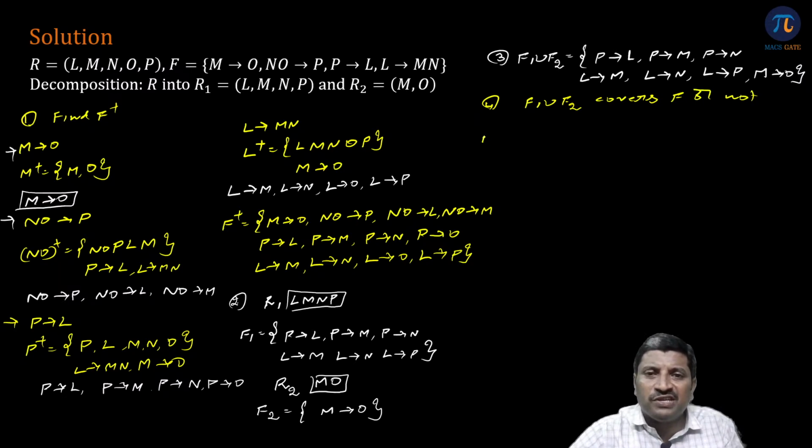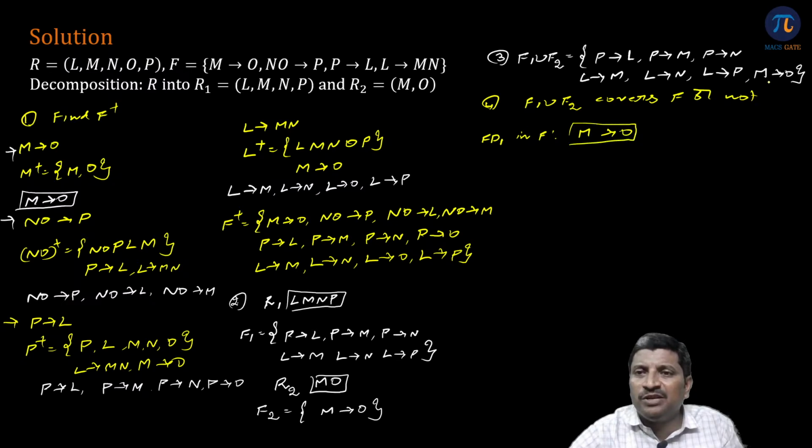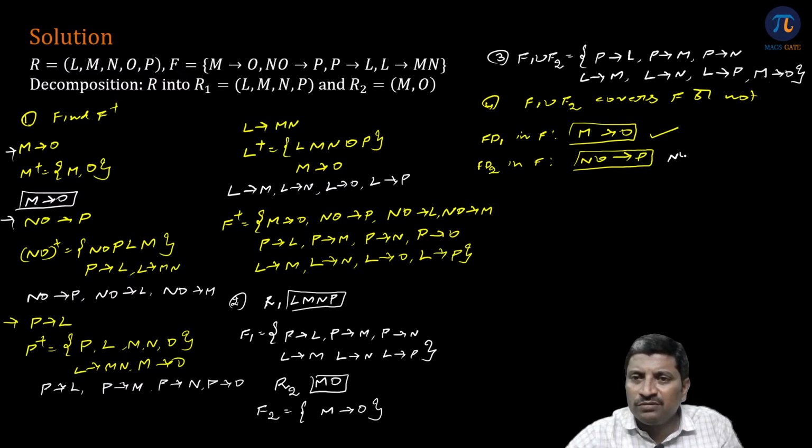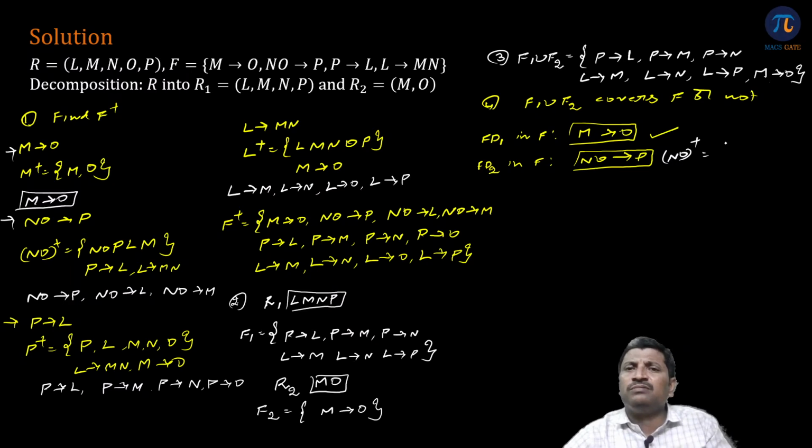What is the first FD, sir? FD1 in F, M goes to O. Please observe it. It is directly present in the union. What is FD2? NO implies P, but it was not there. So let us find the closure. What is NO closure, sir?